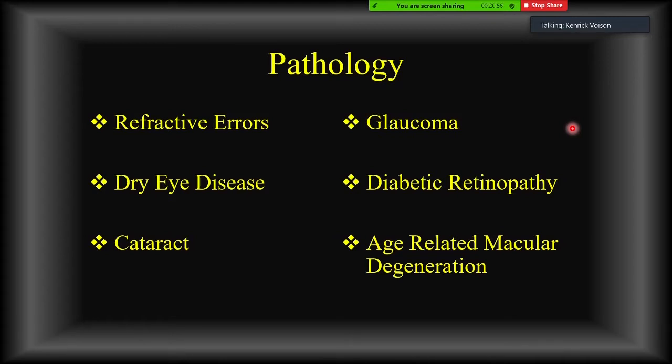Some of them are what we call irreversible conditions, such as glaucoma and age-related macular degeneration. Once damage is done by these, it's irreversible at this point in time. Others are reversible once you get the treatment; people tend to recover in terms of their vision. And refractive error, the first one we'll be dealing with, is not necessarily a pathology or a disease, except mainly in its severe stages. So let's look at the refractive errors for now.